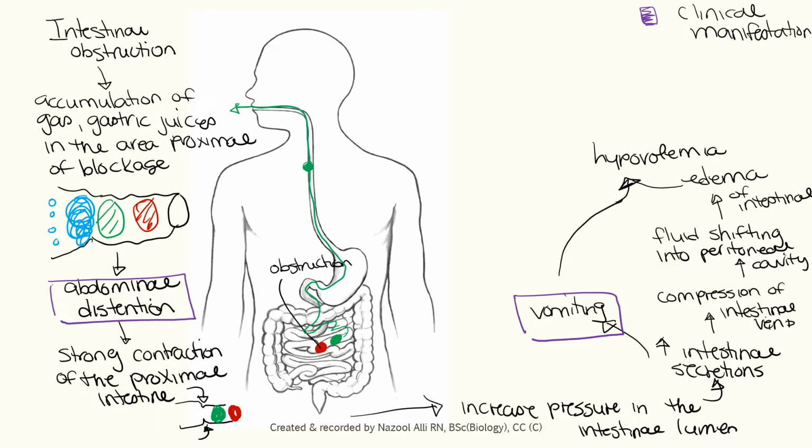Now, because we're losing that intravascular volume, this is then going to lead to hypoperfusion of the intestinal tract. So now we have less blood going to the intestinal tract. So this is going to lead to hypoperfusion of the gut.